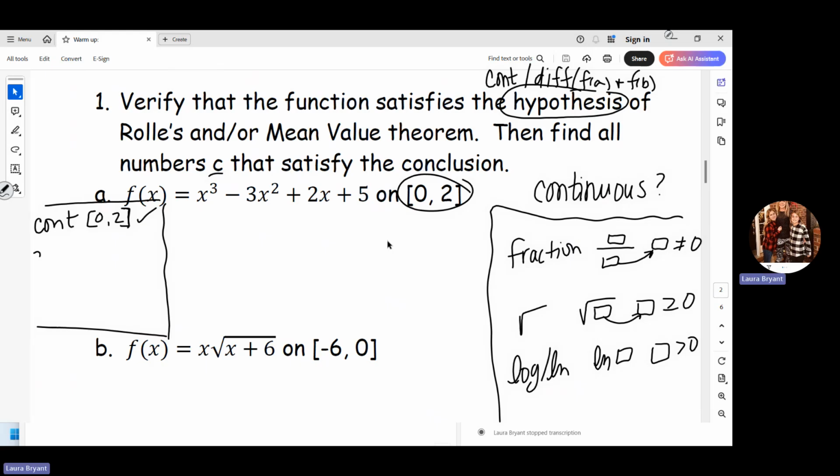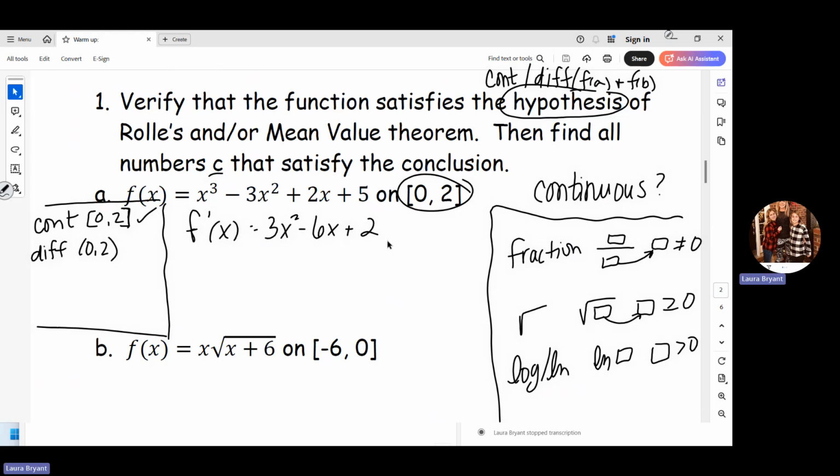Okay. Is my function differentiable on the open interval 0 to 2? To check differentiable, you're going to do the derivative, so I'm going to have to show that math. The derivative is a power rule: 3x squared minus 6x plus 2.